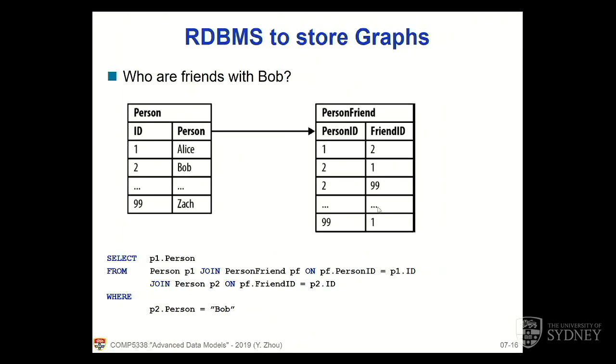Because we want to find from here, so Bob is here, and then find out the friends of Bob, we need to first join on these 2 columns, and find out, when the ID is 2, like Bob's ID, who are the other IDs. And once we find this out, because we want to find the name, we have to do another join with the ID to find out the name of the person indicated by those IDs.